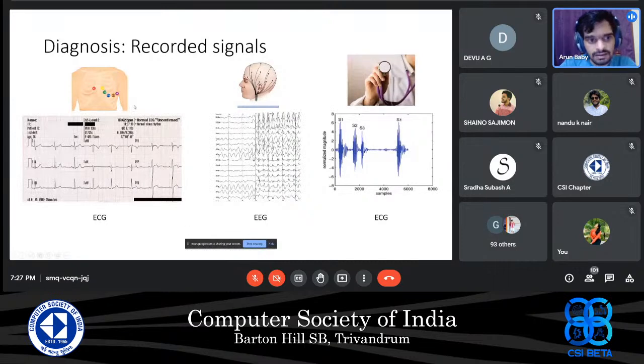So ECG is the recording of the electrical signal generated by the heart.